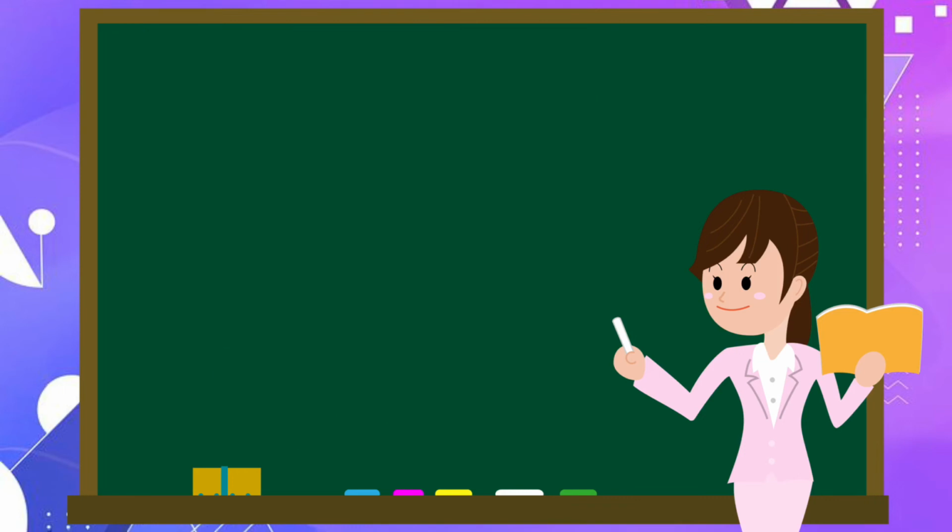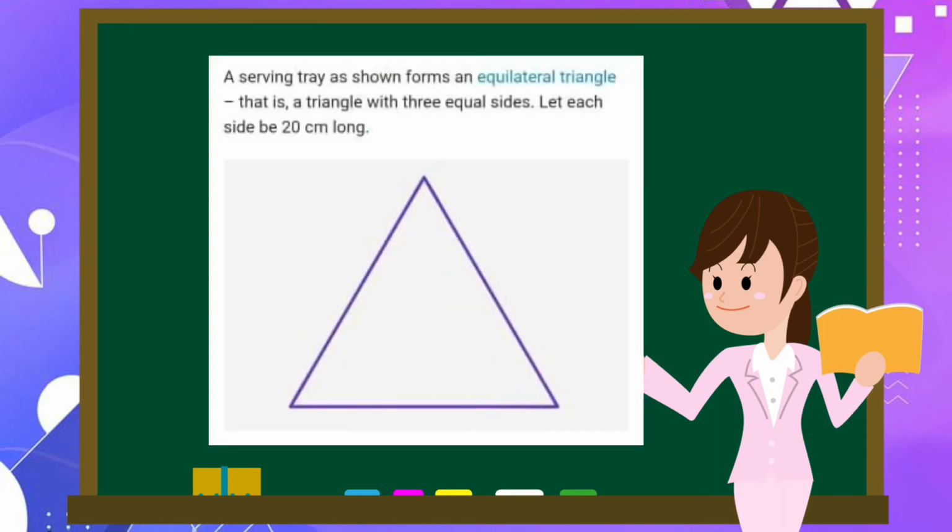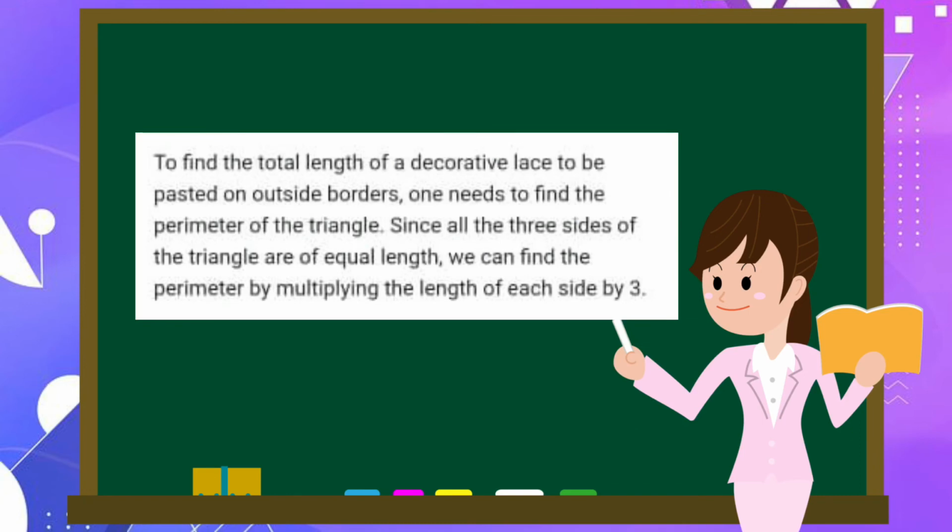We have another example. A serving tray, as shown, forms an equilateral triangle, a triangle with three equal sides. Let each side be 20 cm long. To find the total length of decorative lace to be pasted on the outside borders, one needs to find the perimeter of the triangle.